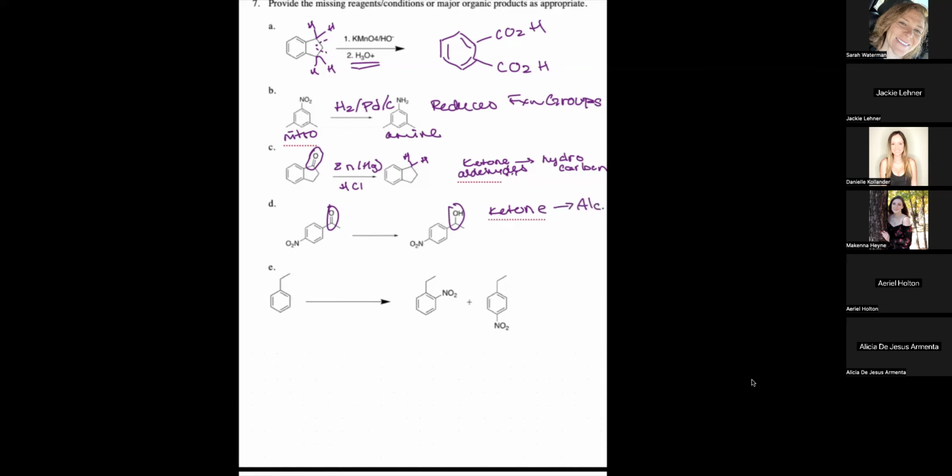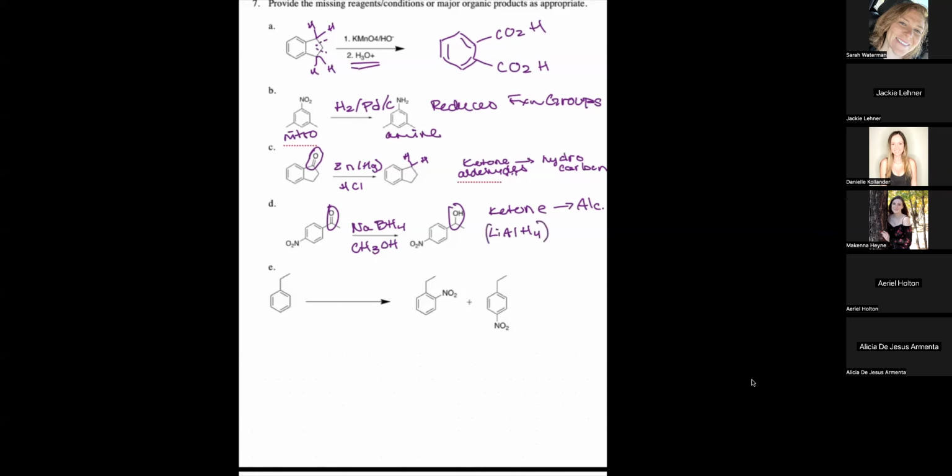So like you said, we could do sodium borohydride, or we could also do lithium aluminum hydride. Right, Li. Yeah, that's correct.